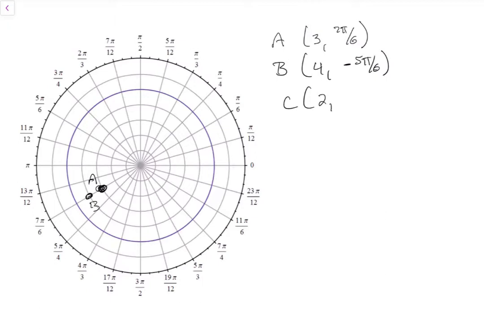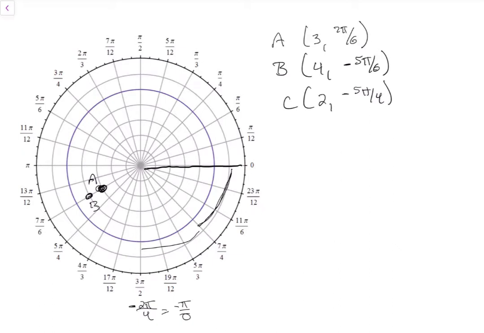Let's say we do (2, -5π/4). So again, I got to count backwards. And 5π/4, right, is a multiple of π/4. π/4 is 45 degrees. So I'm going to go along the outside. So I have, here's 1π/4. And then we have 2π/4. So again, negative 2π/4 is negative π/2.